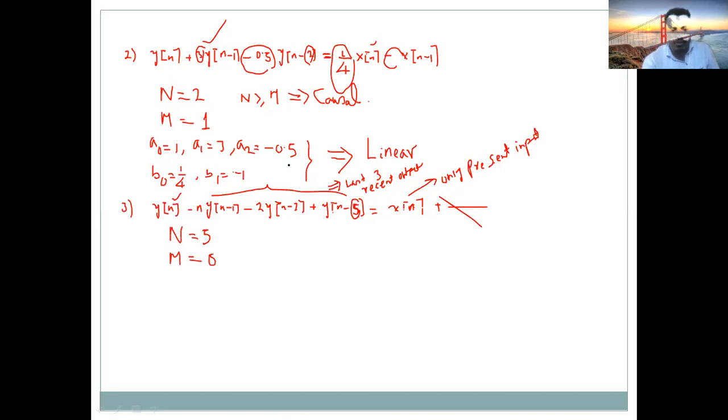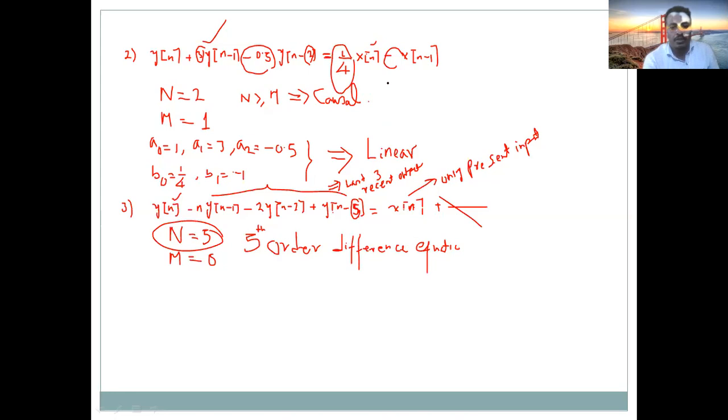So what is the order of this system? 5th order. So this system, we call it what? 5th order difference equation, right?